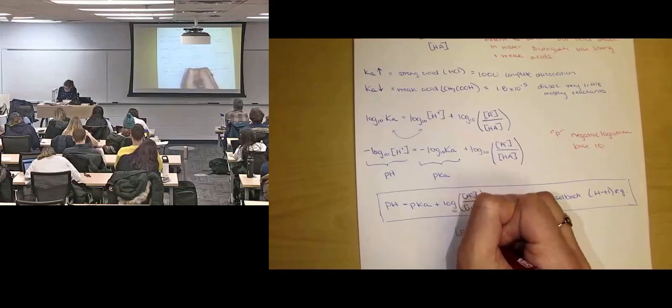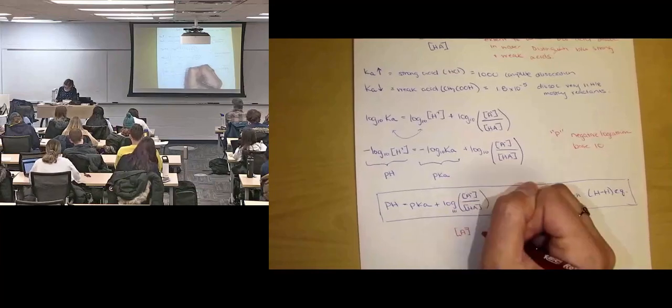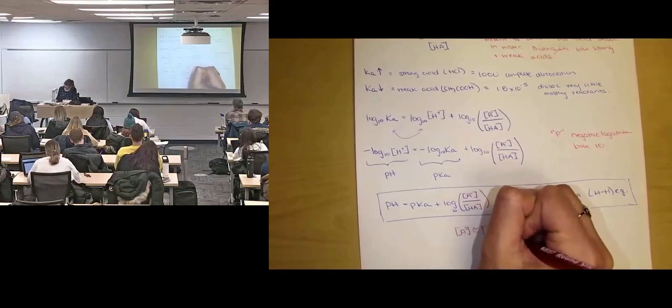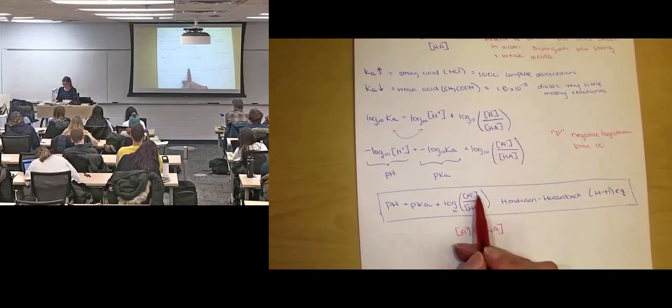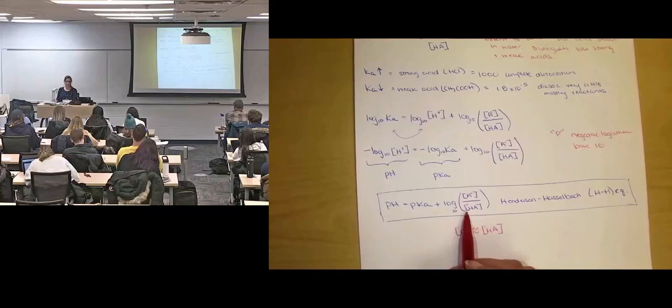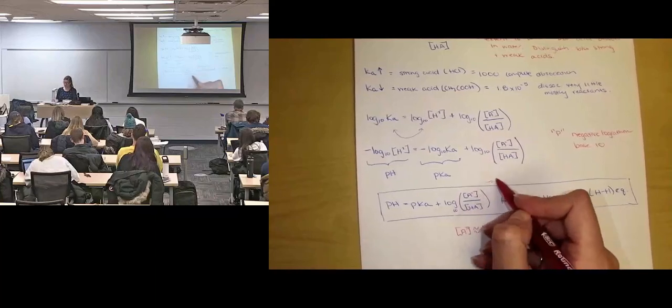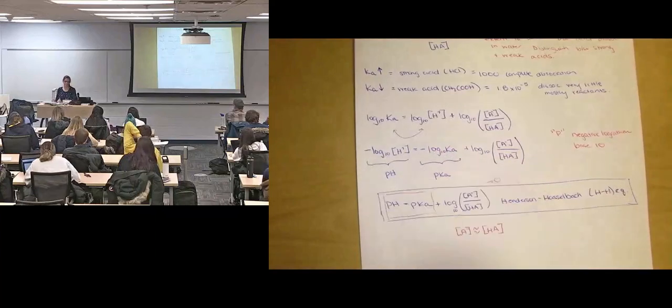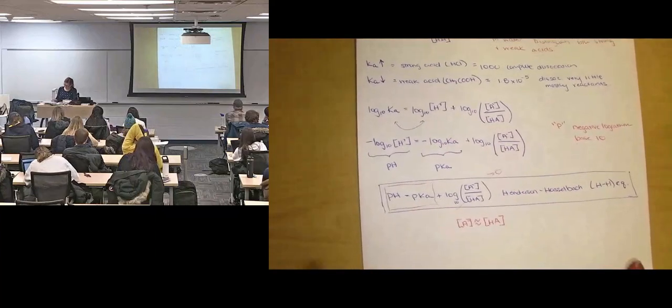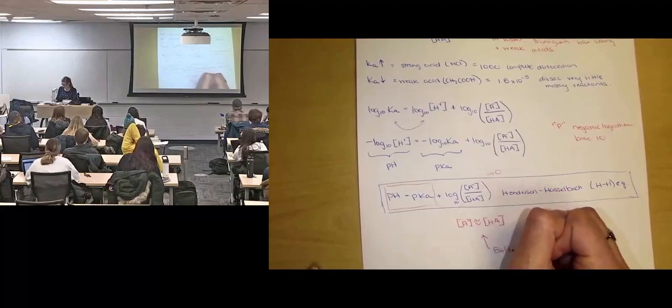If the concentration of the conjugate base is approximately equal to the concentration of acid, this term is approximately 1. That means the log would go to 0, and pH would be equal to pKa. And I set this up when I want to set up a buffer.